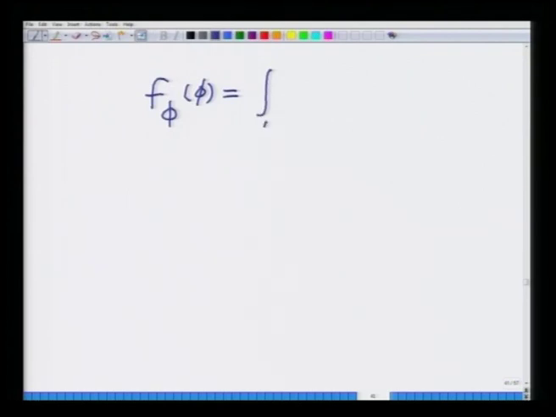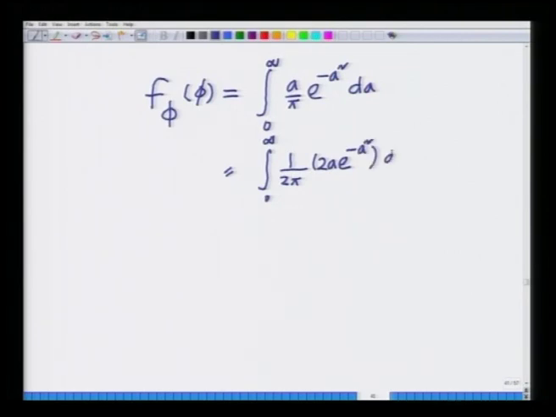Now, I have to integrate over a, that is I have to integrate a over pi e power minus a square da, over the limits of a, that is 0 to infinity, and this can be written as the integral from 0 to infinity of 1 over 2 pi into 2a e power minus a square da.